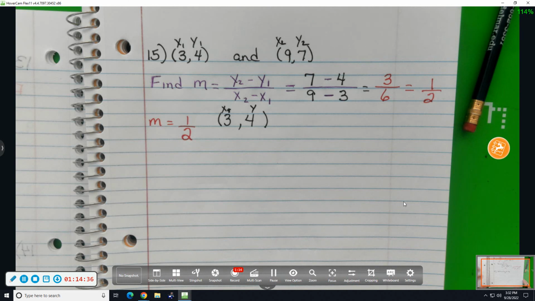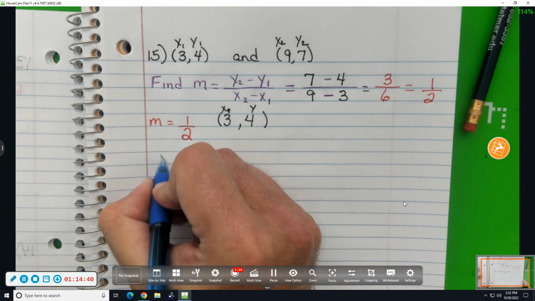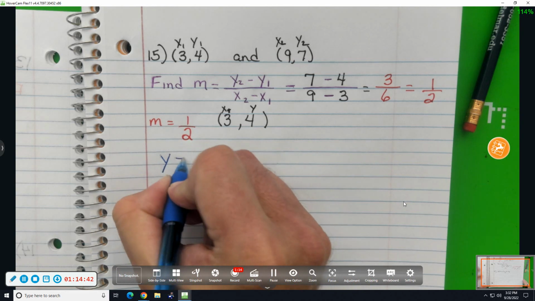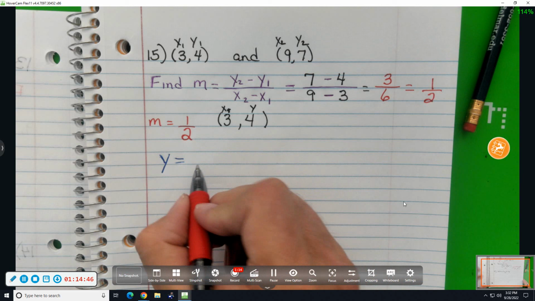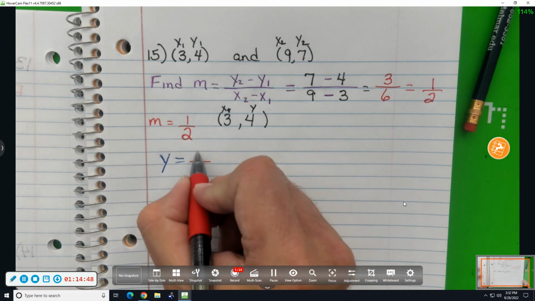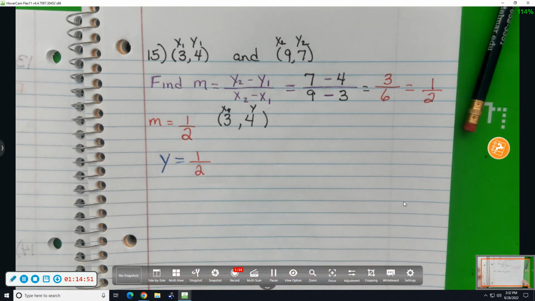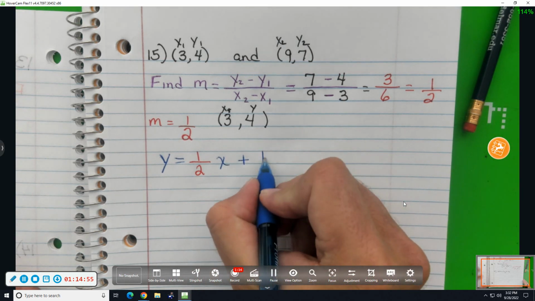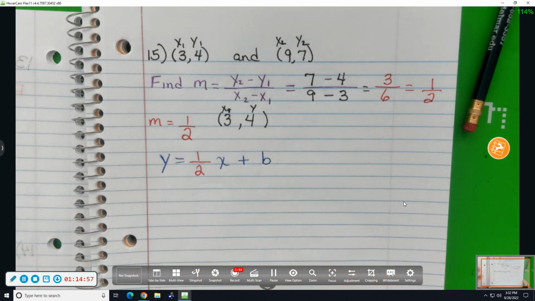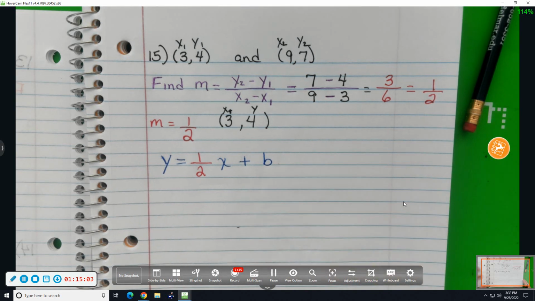So we're trying to write the slope-intercept form. We know how to start it. y equals m x plus b. What am I going to put in place of m? 1/2. Remember what we were doing. What am I going to do now to solve for b? Yeah, plug in.